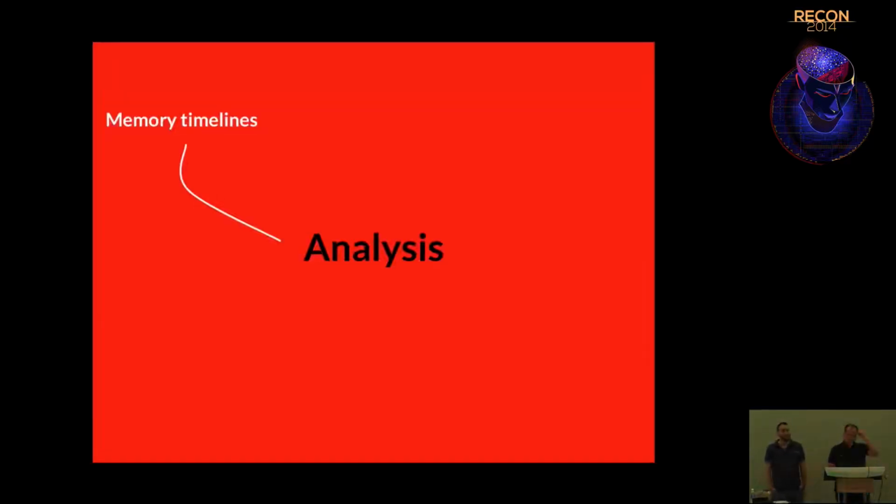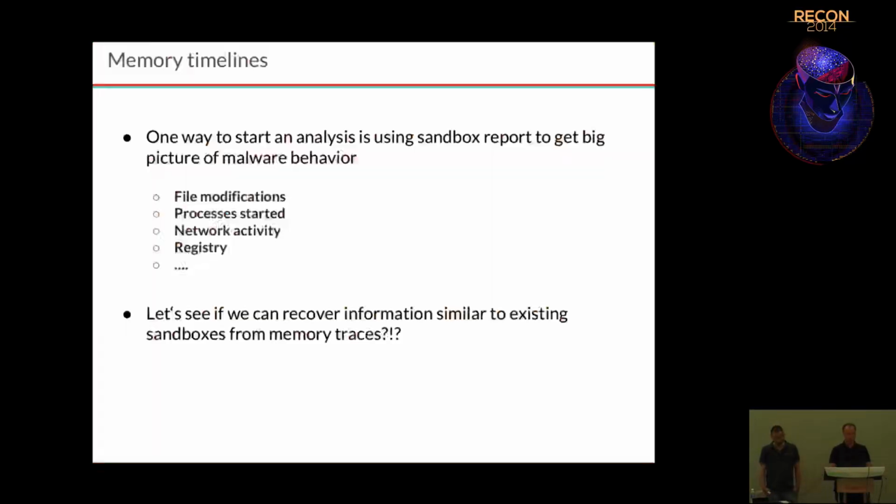Okay, so let's have a look at a couple of analysis features. The first one is the simple one. It's called memory timelines. And the motivation is the following. Often you start a malware analysis with a sandbox by running the malware on a sandbox, which gets you a sandbox report, which contains information like files being modified, processes started, DLLs loaded, all these things, registry modifications.